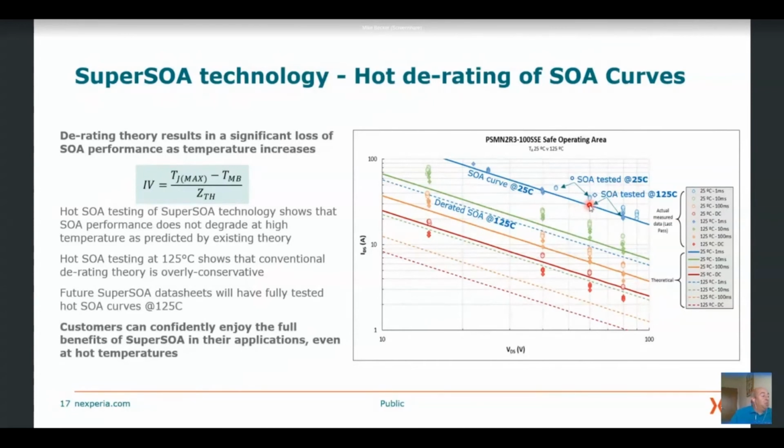And so with SuperSOA, you no longer need to apply this derating. We will provide hot SOA curves on the datasheet in the future, so that as customers, you can confidently enjoy all of the benefits that SuperSOA technology brings, even at high temperature.